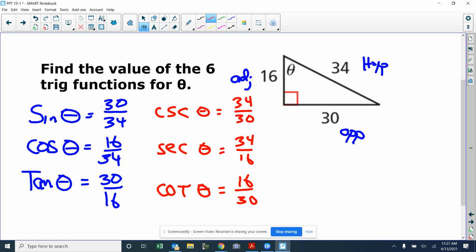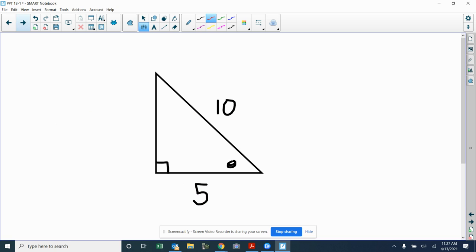All right. Last one. What's different about this one? Okay, so we're missing a side, we're missing the opposite, so we gotta find that. A squared plus B squared equals C squared. Don't make that common mistake of putting 5 and 10 for A and B. Where does 10 go here?